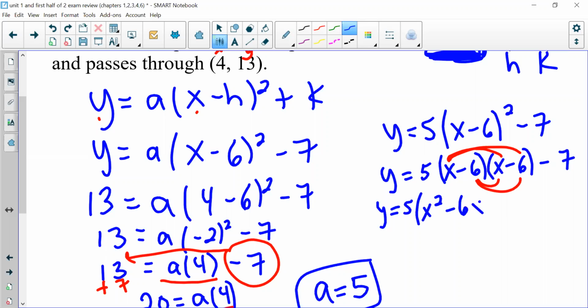Good. And then -6 times x, which is -6x. Awesome. And -6 times -6 is positive 36.